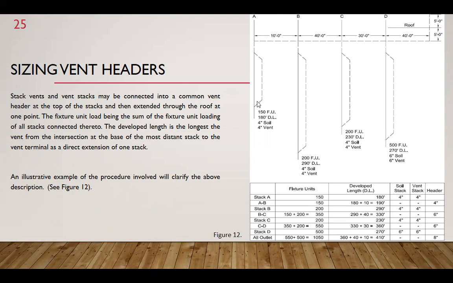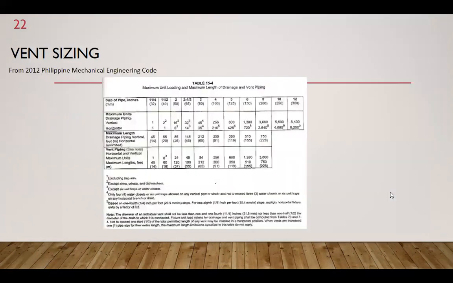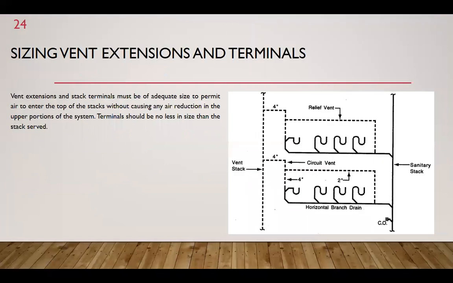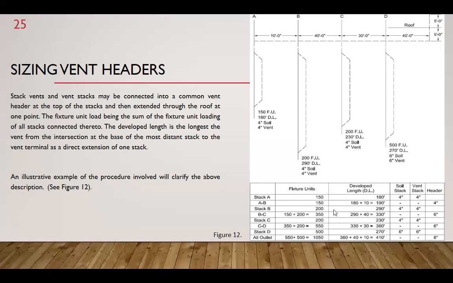So stack A is 150 fixture unit, so 150 feet. So tingnan mo yung table, lalabas to is 4 inches sa soil, yung vertical pipe. Ulit-ulit natin. So, yan. Vertical and horizontal. Okay? Yan. So, bend is 4 inches.